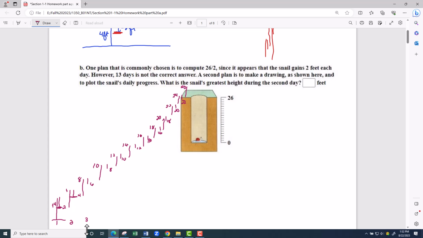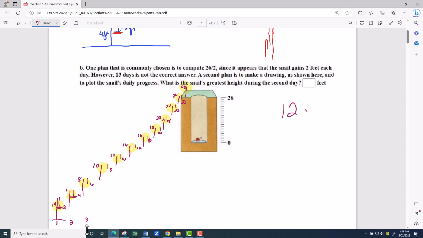Once I reach the top, does the snail go back down? No, he's reached the top. So we have 1, 2, 3, 4, 5, 6, 7, 8, 9, 10, 11, 12, because we didn't go back down.